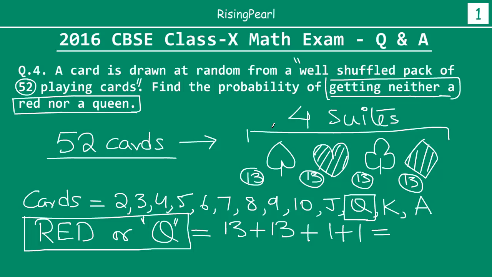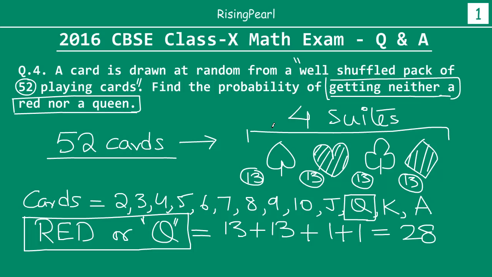Even though spades and clubs are black, we can pick their queen, and that satisfies this set. So how many total cards can we pick? 13 plus 13 is 26, 27, 28. There are a total of 28 cards that we can pick.